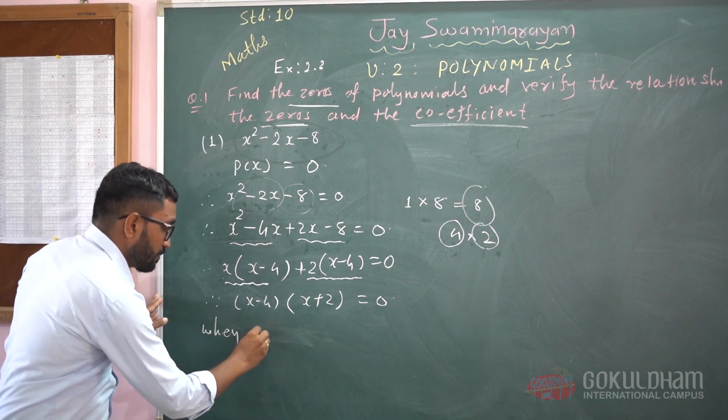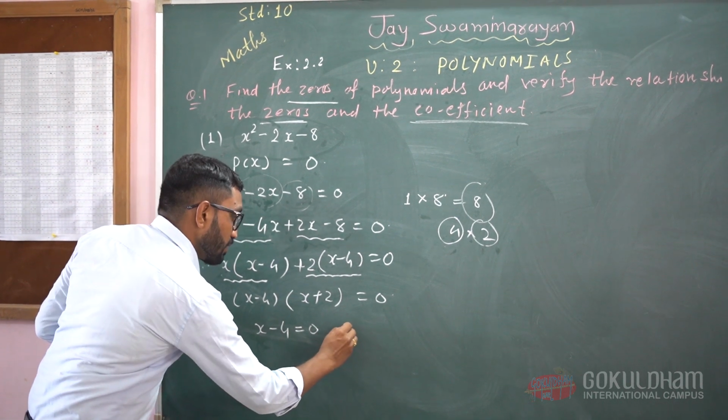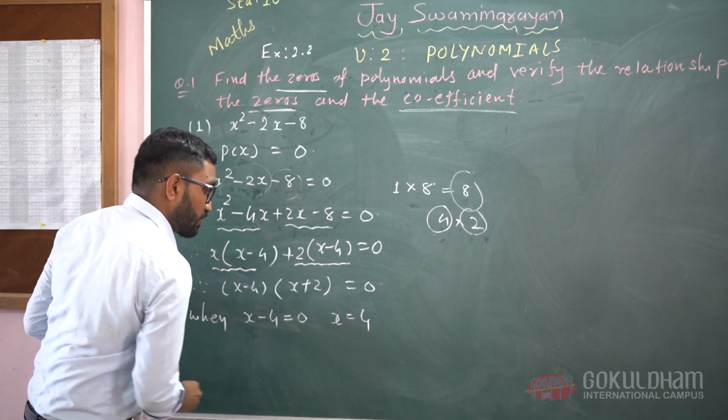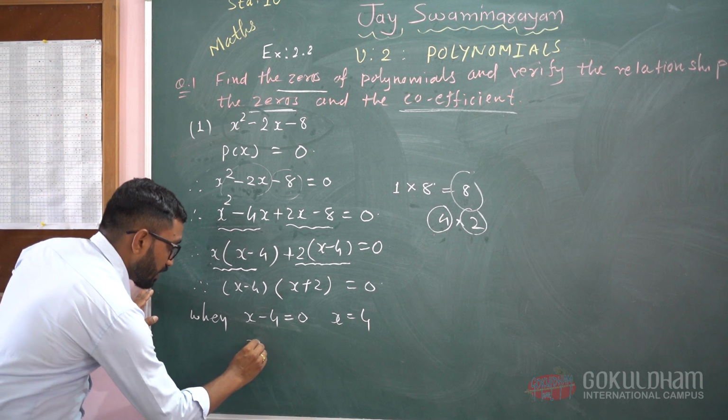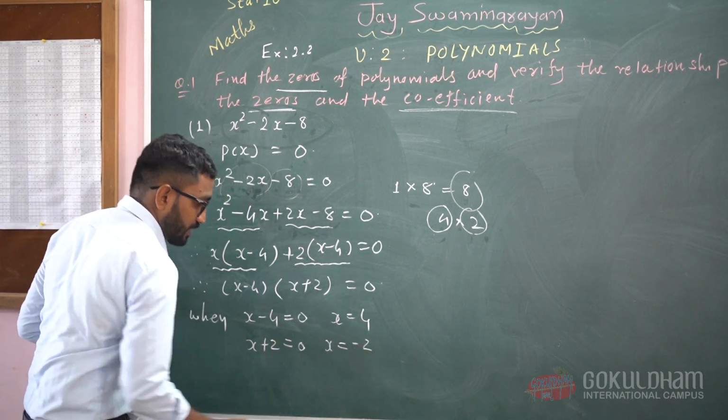When x minus 4 equal to 0, x equal to 4, and when x plus 2 equal to 0, x equal to -2.